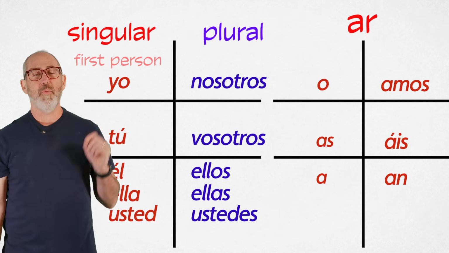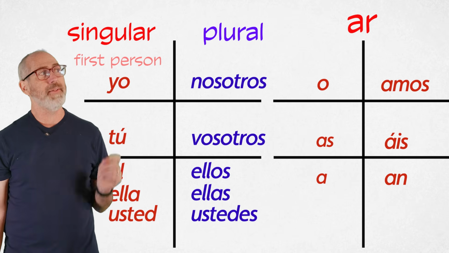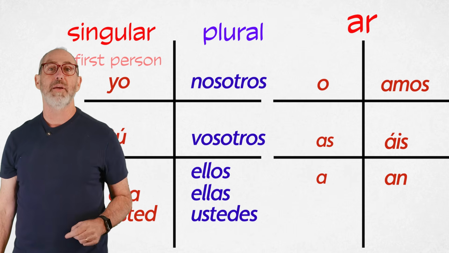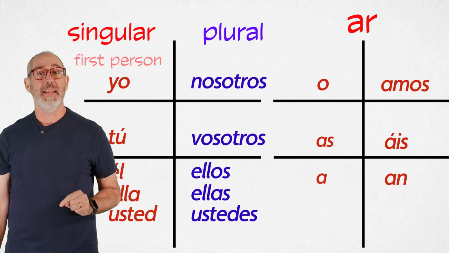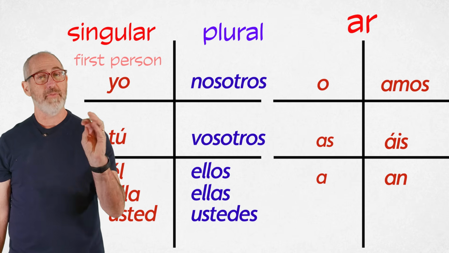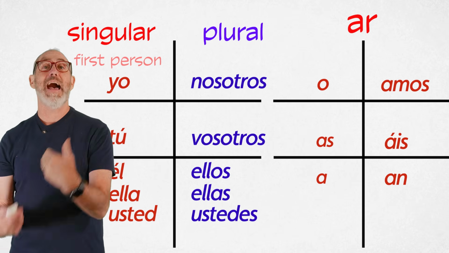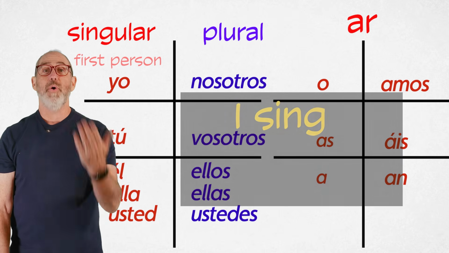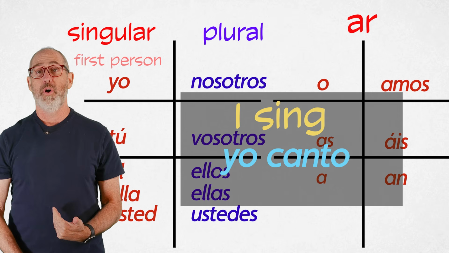Now looking at the chart with the verb endings, which ending is located at the top left in the same space? O. So that is the ending that I'll put on the end of the verb when I use it with yo, or when I want to say that I do that. So I sing would be yo canto.